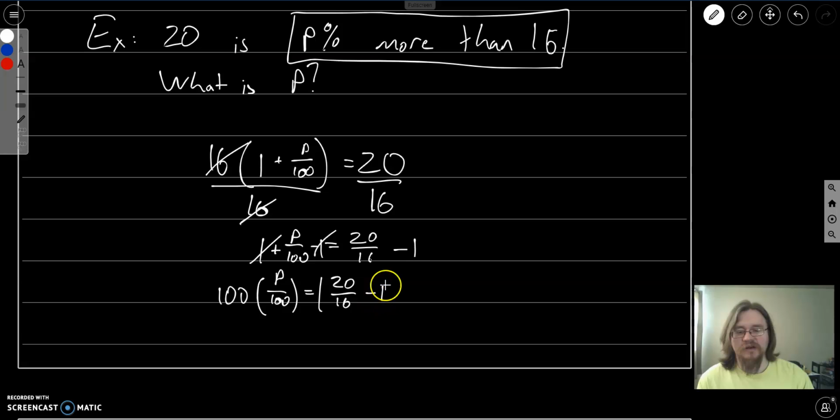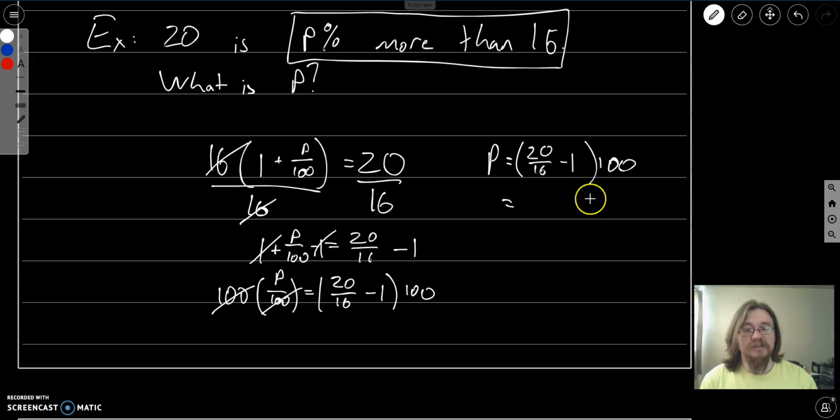I want to multiply by 100. So p, after I cancel the 100s, is going to be 20/16 minus 1 times 100. If I plug these things into a calculator, 20 divided by 16 is 1.25, minus 1 is 0.25, times 100. Plugging that into a calculator is 25. So what is p? p is 25.